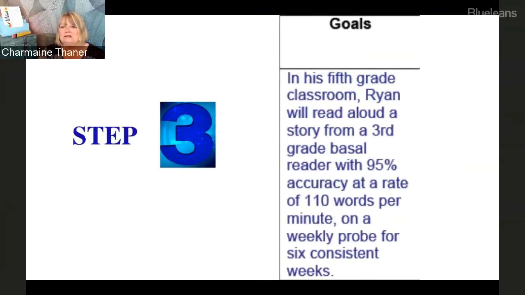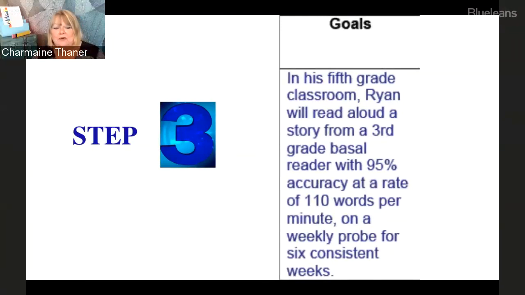So what we're looking at is he's going to be reading some modified assignments, but we want him to be able to do that within the 5th grade classroom. So we put that as a need. And before we put that as a need, then when we write the goal, we want to make sure that we insert in the 5th grade classroom, Ryan is going to do X, Y, Z.